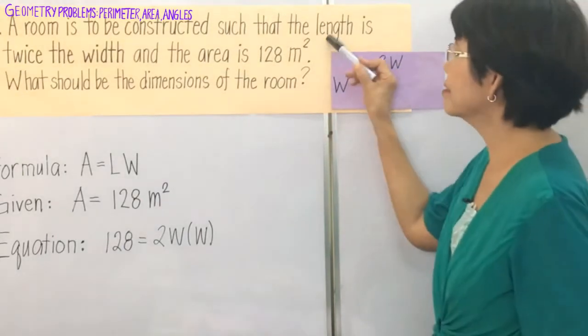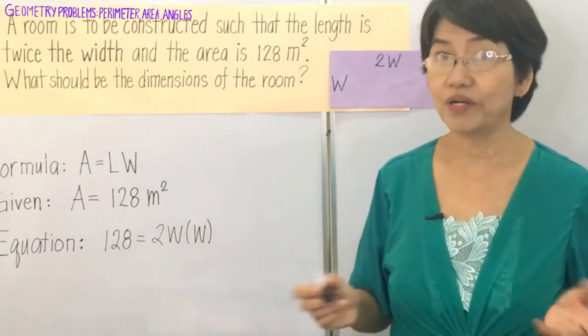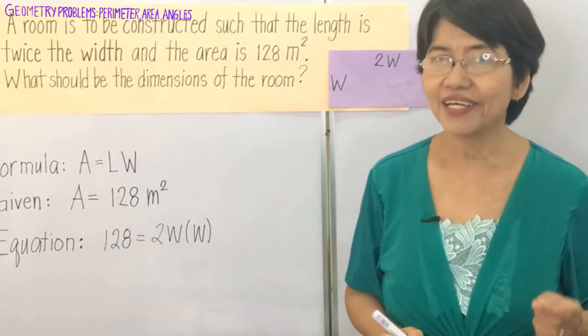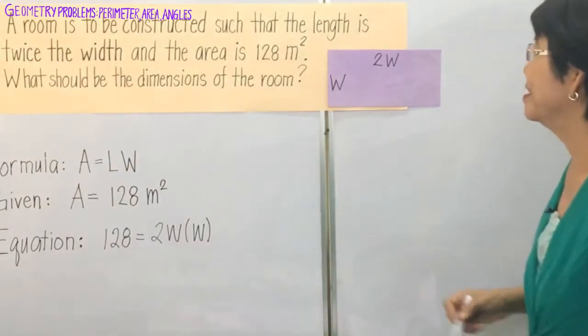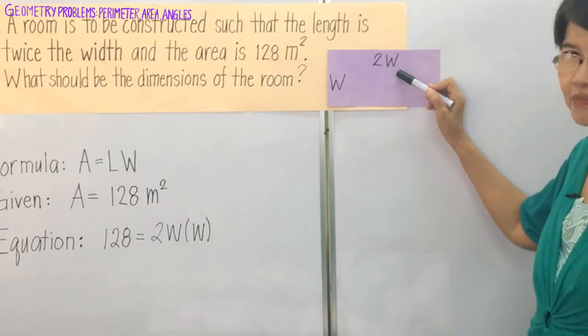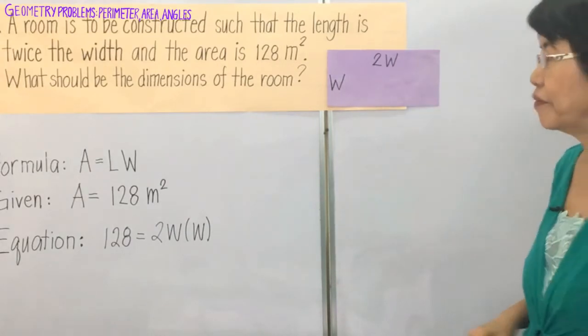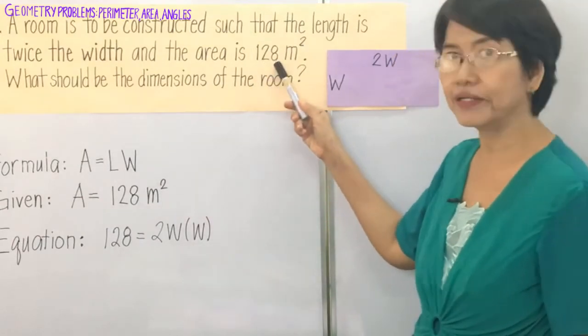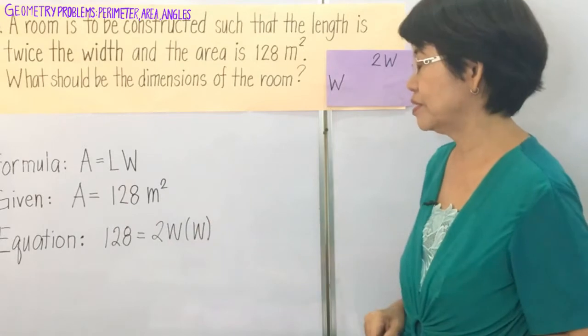So the length is being compared to the width, so we will use the width as our variable and we will let W be the width. So our length is 2 times W. And we will be using the formula for area since we are given the area, which is 128 meters squared.